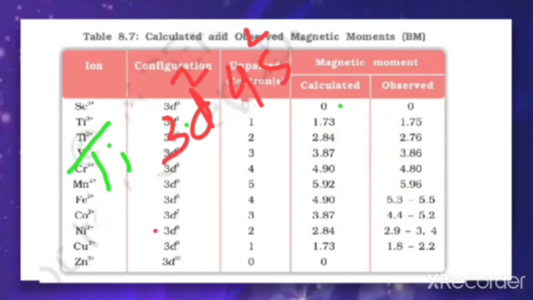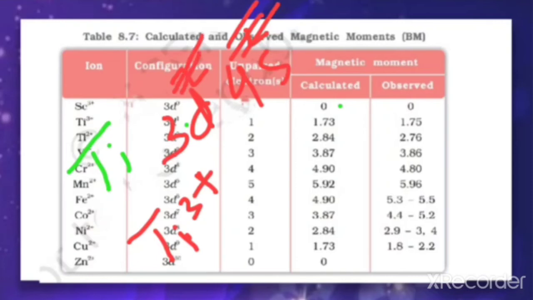But titanium has a 3 positive charge, which means you have to remove 3 electrons. How do we remove them? First we remove the 2 electrons from 4s, then 1 electron from 3d. So how much is remaining now? 1. Its configuration becomes 3d1.